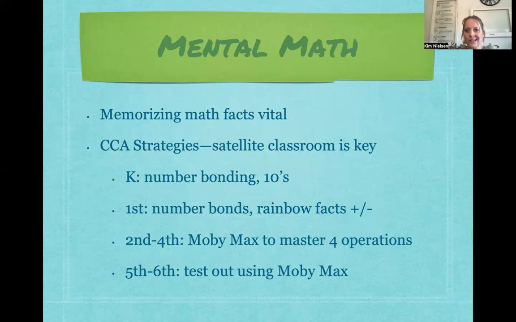But we have added more, we went back to, instead of it being an electronic form, really doing the paper and pencil math facts. And so we've systematized how we do mastery of our 4 operations in K through 6th grade.